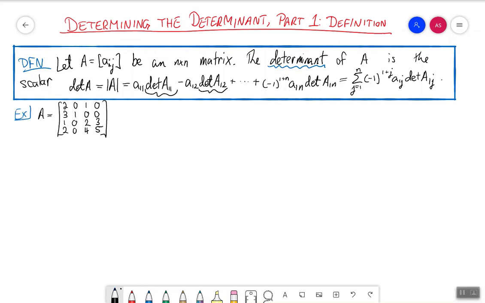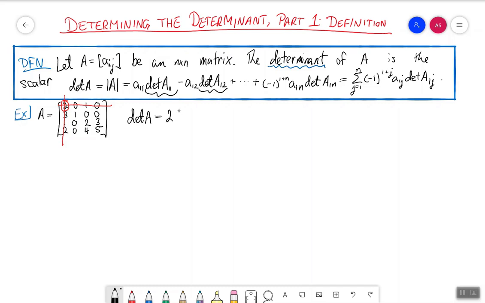We're going to compute the determinant of this matrix A. The determinant of A is equal to the following. So we first look at this entry here, that's little a 1, 1, and we then remove the row containing that entry and the column containing that entry, and we take the determinant of the matrix that's left.